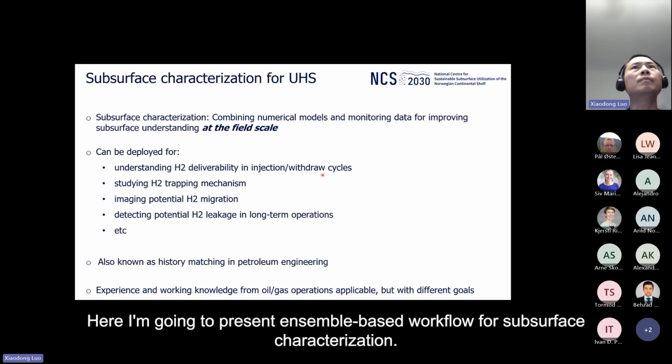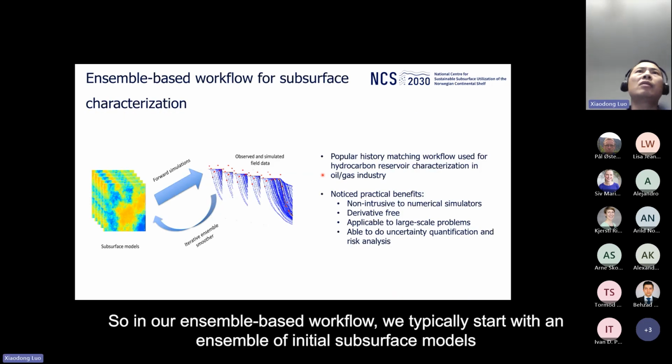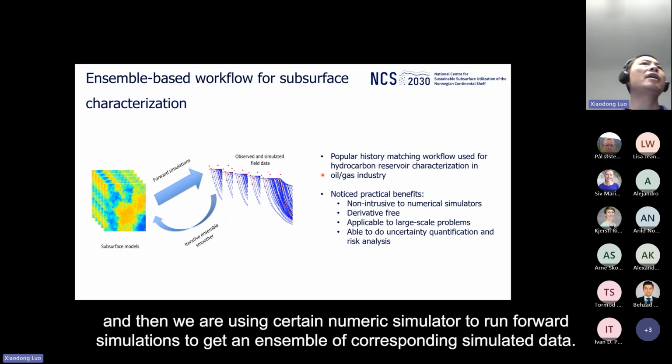Here I'm going to present an ensemble-based workflow for subsurface characterization. In an ensemble-based workflow, we typically start with an ensemble of initial subsurface models, and then use a numerical simulator to run forward simulations to get an ensemble of corresponding simulated data.